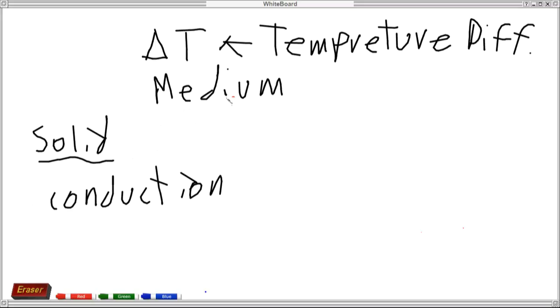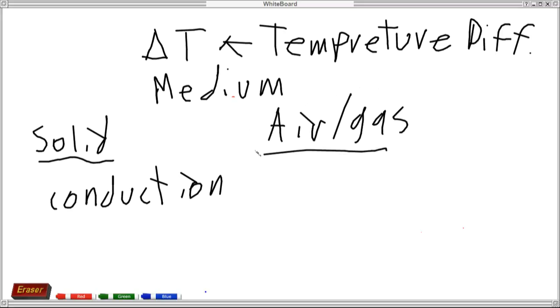The other one is through air. Okay, air or gas, and that's convection. The other one is through a liquid.